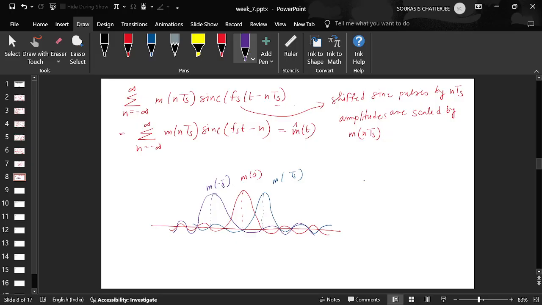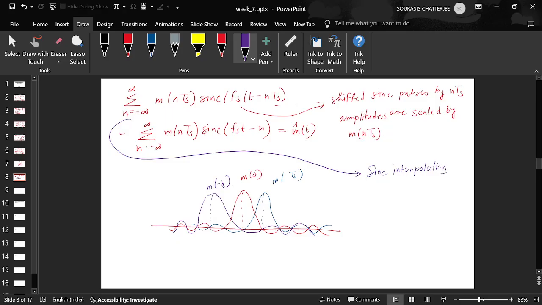So let me point it down here. This expression, if you look here, is nothing but sinc interpolation.